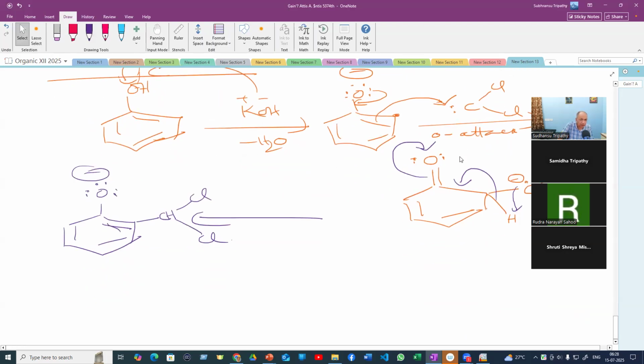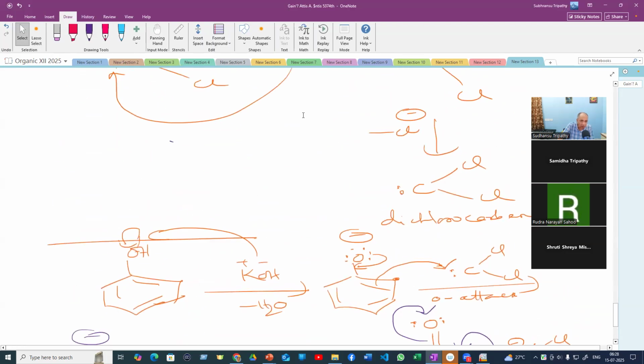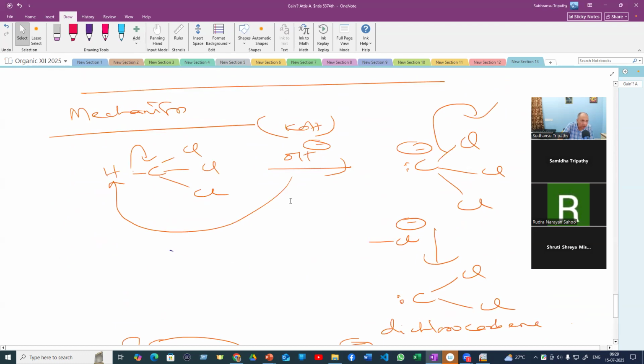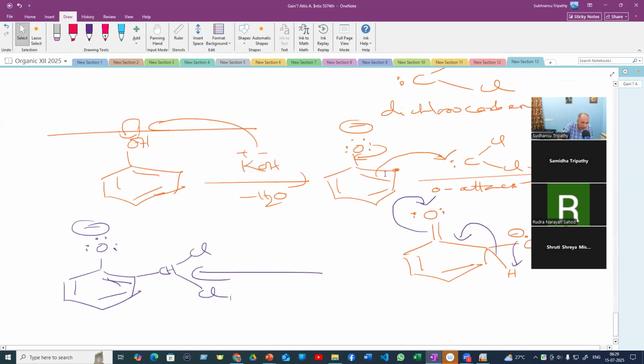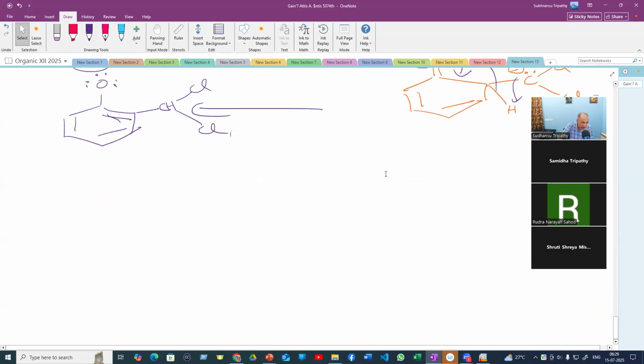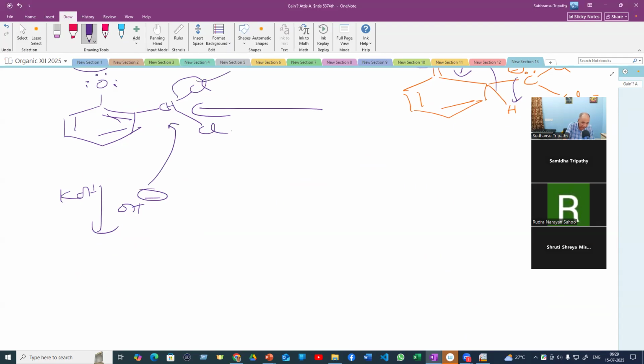So far we have used 2 moles. 1 mole has been used to convert chloroform into carbene. The second mole has been used to convert phenol into phenoxide. And see where the third mole will be used now. OH minus from the third mole of KOH will remove another chloride. So another chloride will go.